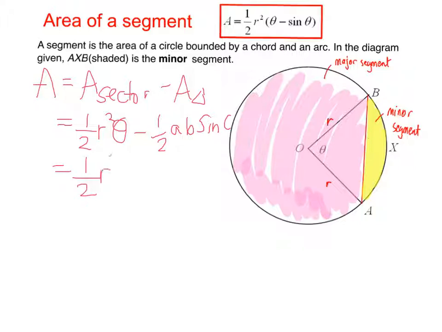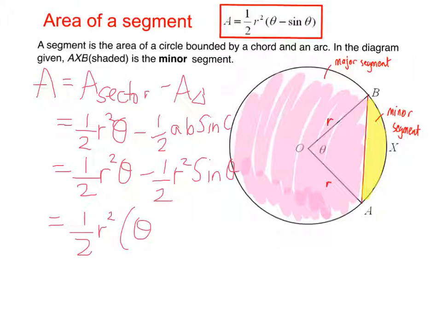So you end up with half r squared theta minus half r squared sine theta, because C is this angle in the middle of the triangle, which is also theta. If we factorise out half r squared, we get the formula at the top of the page: half r squared times theta minus sine theta. You just have to remember that theta is in radians, because that's what we had for the area of the sector formula in the last lesson.